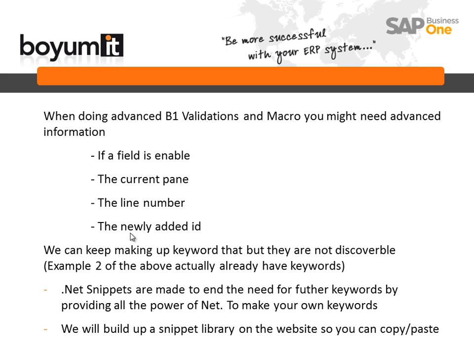So .NET Snippets are made to end the need for further keywords. Instead, you can make your own keywords by using .NET. We of course understand that not everyone is a C# developer or VB developer, so we will be building up a .NET snippet library on the website, so you can copy and paste. If other people have asked for a specific keyword, you can just go and get that keyword from our website, or you can develop them by yourself.